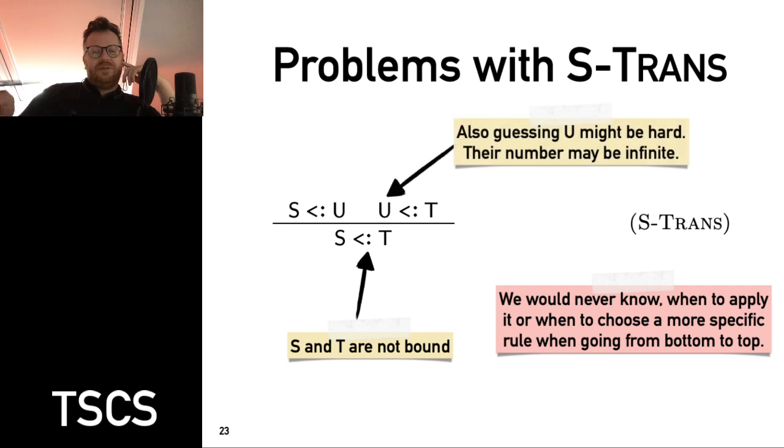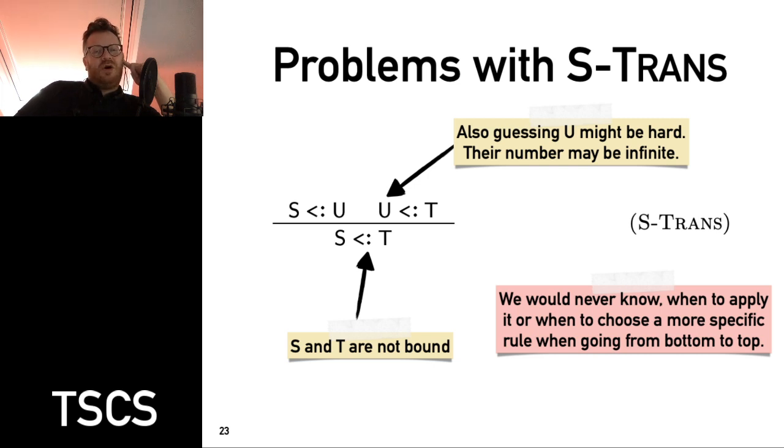And again, as I said, I missed my own animation, so guessing U might be very hard, because the number might be infinite. Let's say S is a record with a lot of fields, and T is the empty record.